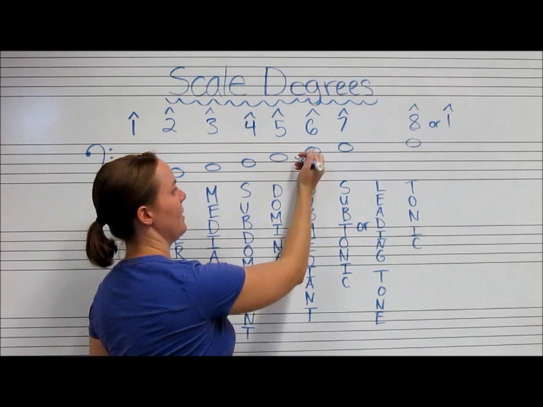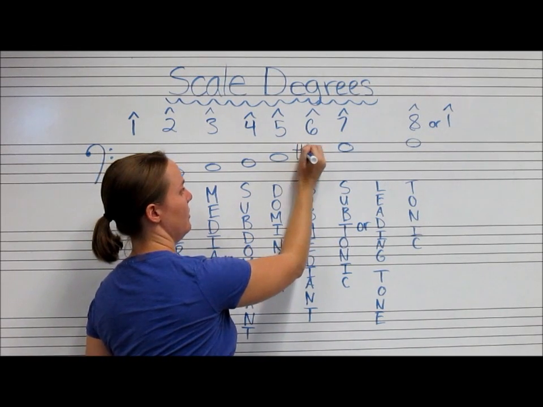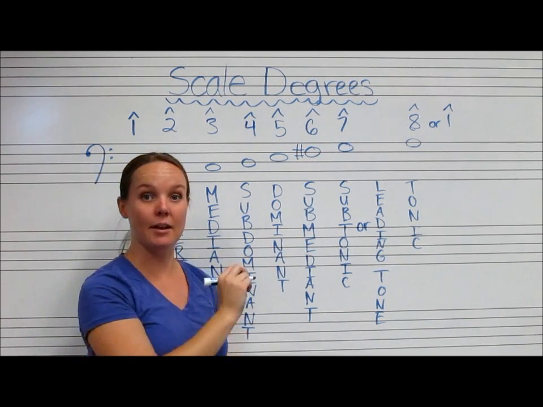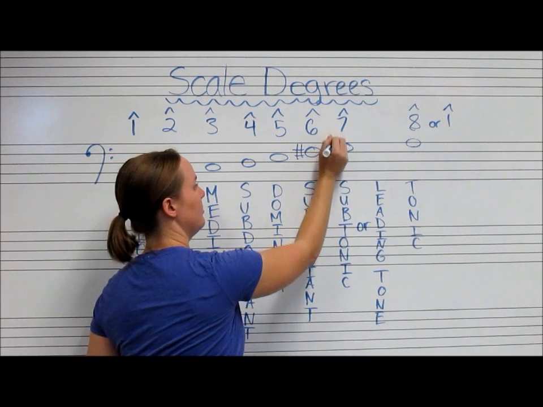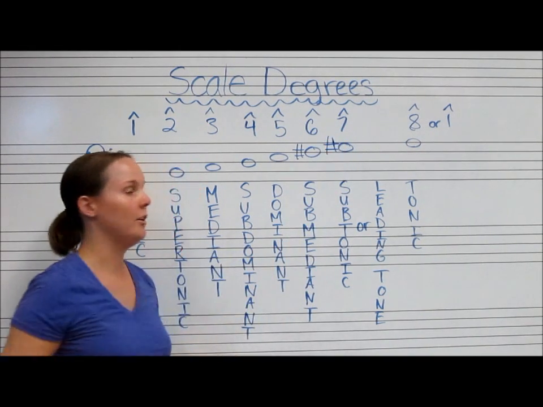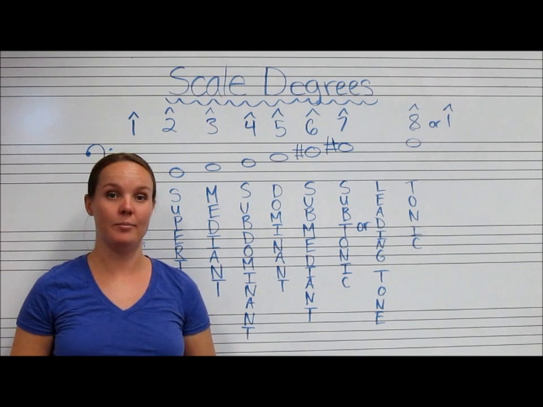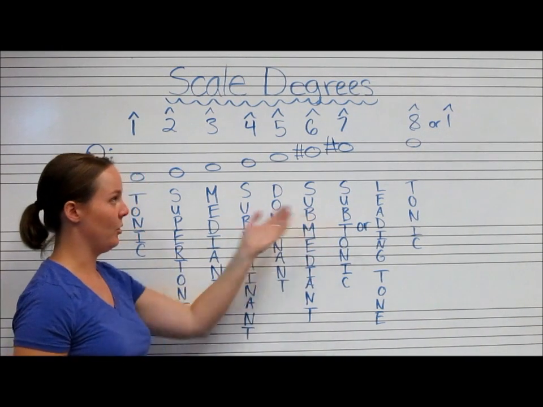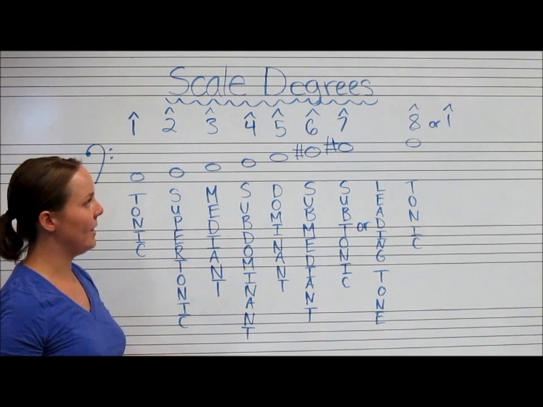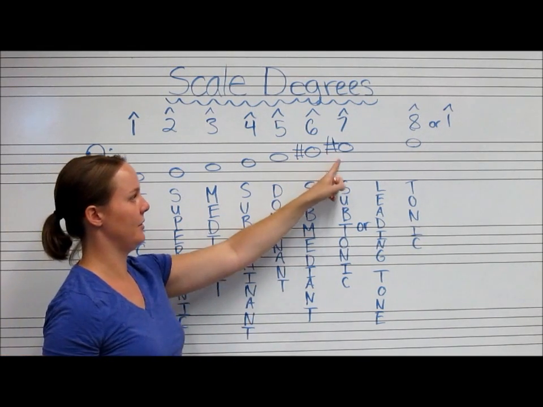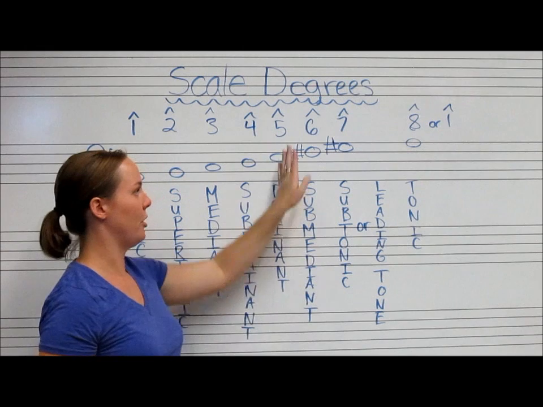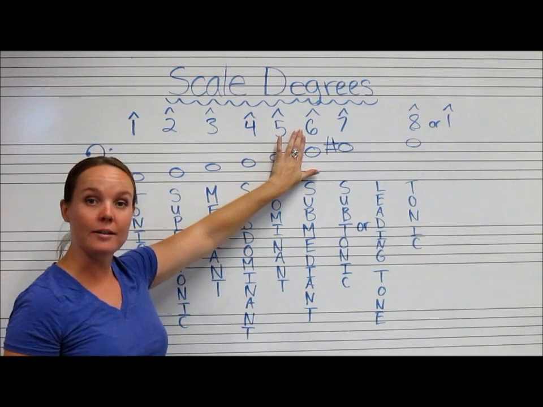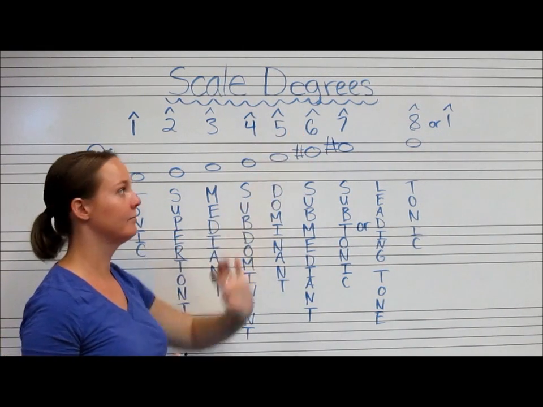So we'll add a sharp sign to the sixth scale degree and a sharp sign to the seventh scale degree. Now it changes the pattern of half steps and whole steps to fit the correct pattern for a melodic minor scale, and you're good to go. So all we had to do there was raise the sixth and seventh scale degree. Remember, for harmonic minor, all you have to raise is the seventh scale degree.